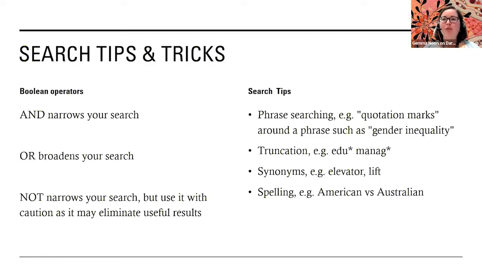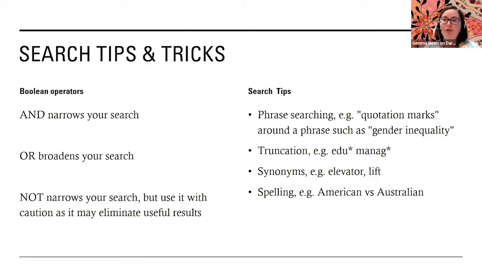If you're looking for something like gender inequality or social media, you can put that phrase in quotation marks, and that'll ensure that you get relevant results back. So it's not just searching for gender by itself or inequality by itself, it'll search for the phrase. So that's a really useful tip.